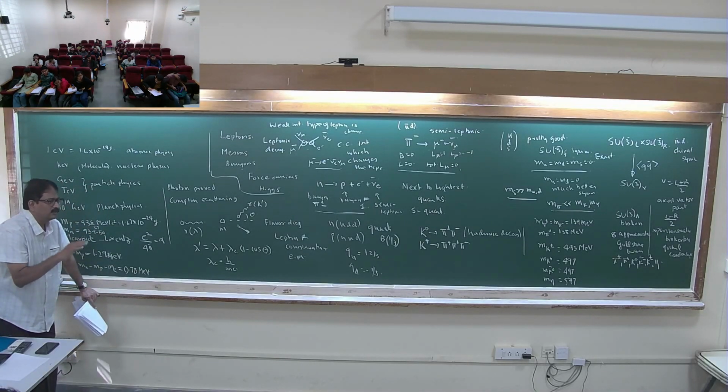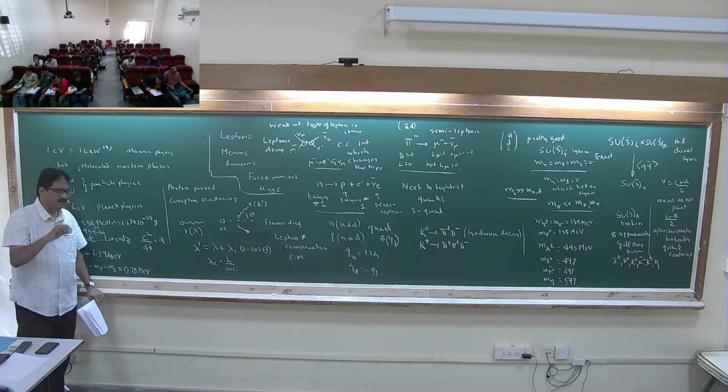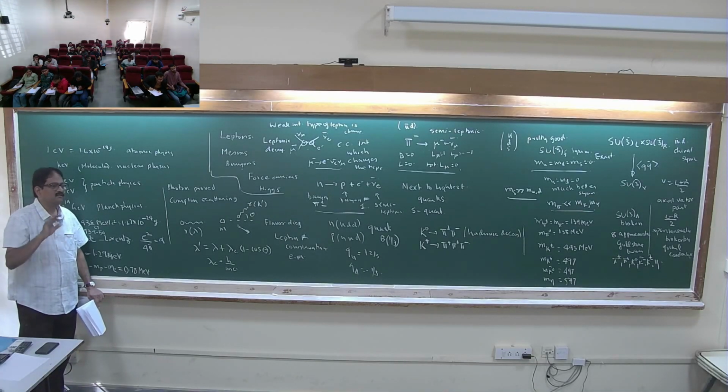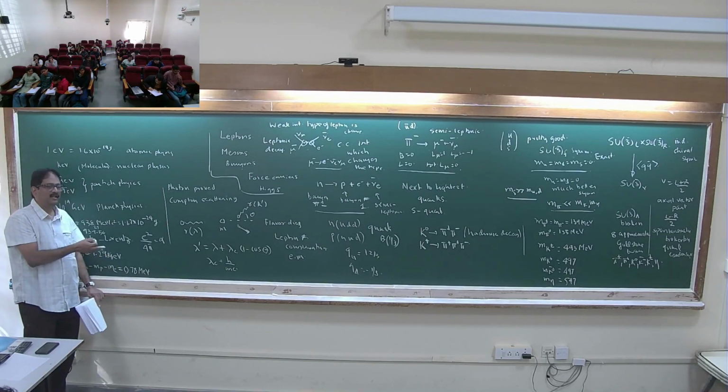What is the reason why I'm writing down all this? Now, all of you have looked at nuclear beta or neutron beta decay, right? We always talk about the endpoint. The endpoint is at 782 keV, and that is where you look for evidence of neutrino masses. So this is the excess energy that is available to you.